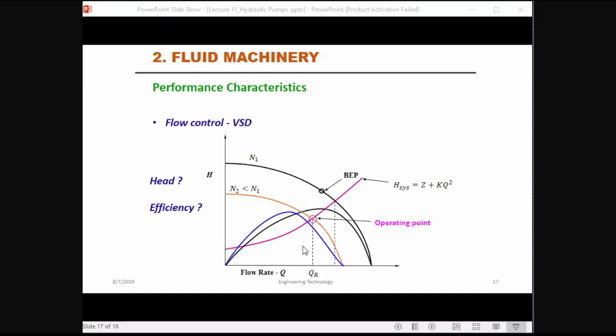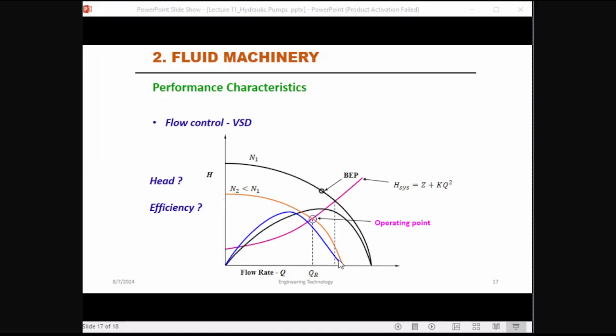When you use a variable speed drive to control flow, you can identify this type of operating point. In this case also, the flow rate is reduced. Here N1 means the speed. Then it will reduce, and the graph will be like this.